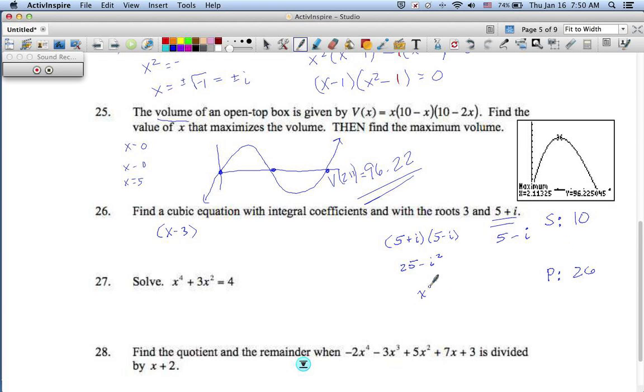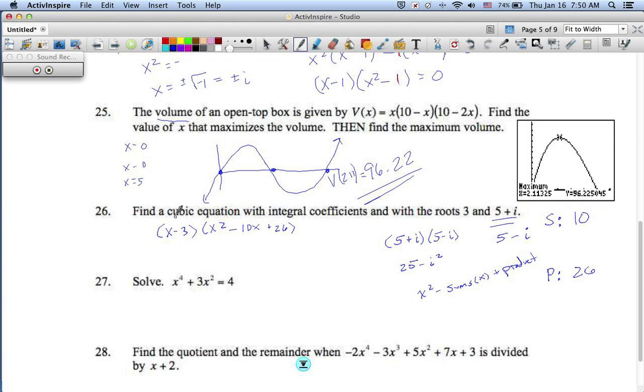And we have x squared minus the sum times x plus the product. Okay, so we have x squared minus 10x plus 26.